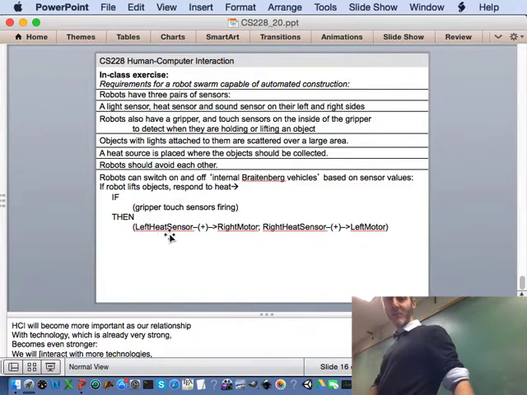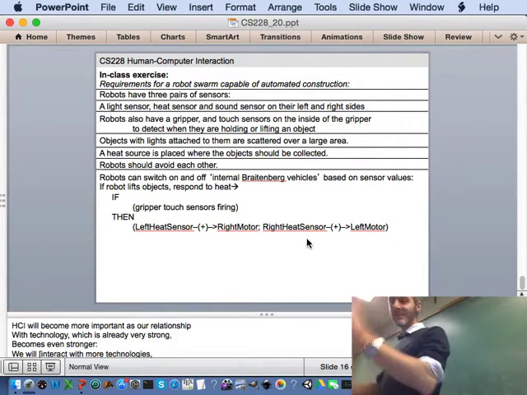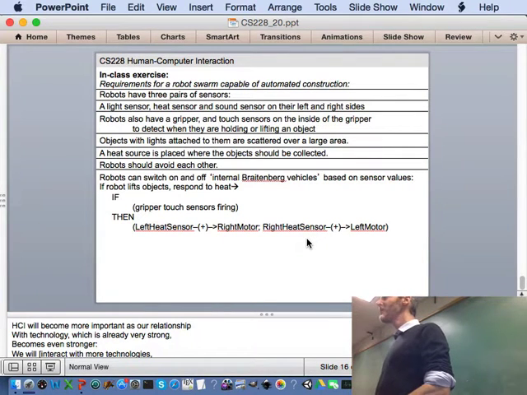So in this case, when the touch sensor is firing, the left heat sensor is attached to the right motor, and the right heat sensor is attached to the left motor. So as long as the robot is holding an object, what behavior is the robot exhibiting? What's the robot doing whenever it's holding an object, according to this Braitenberg vehicle?